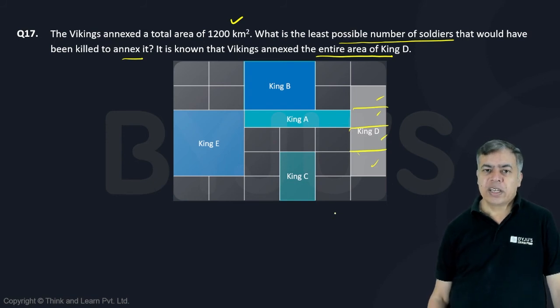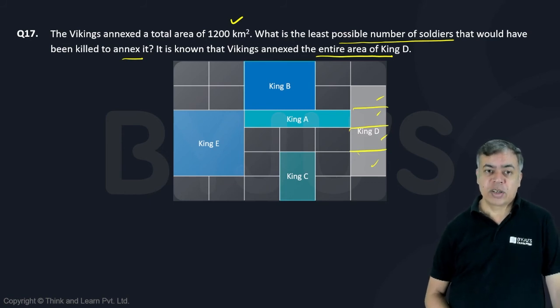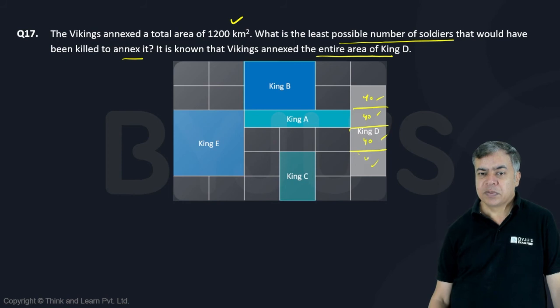Because I need to minimize the number of soldiers killed. Now, if I take this, right, individually I know that it is 40, 40, 40, 40, right, so 160 will be gone.